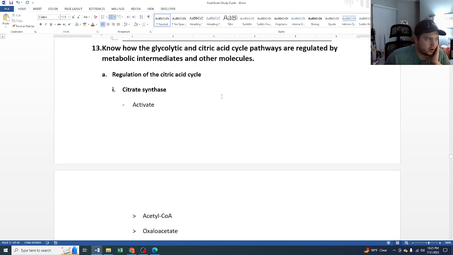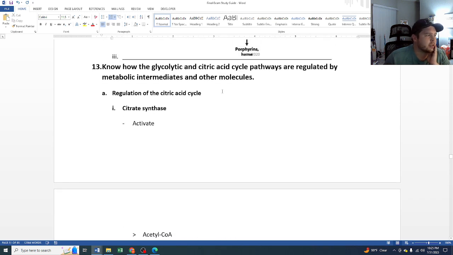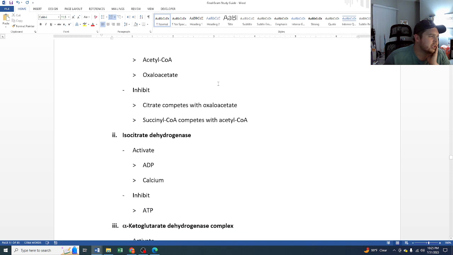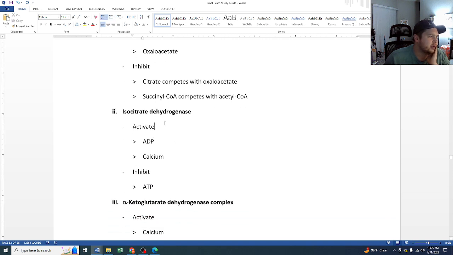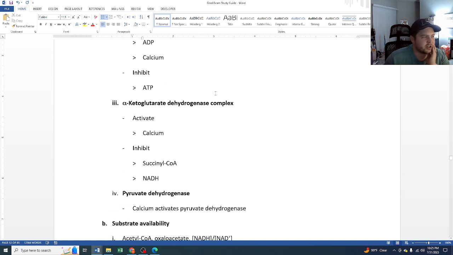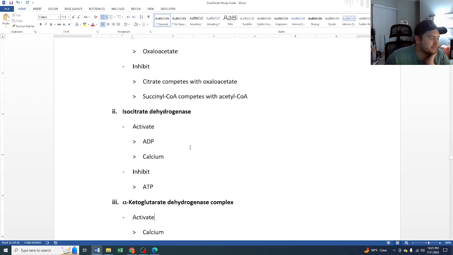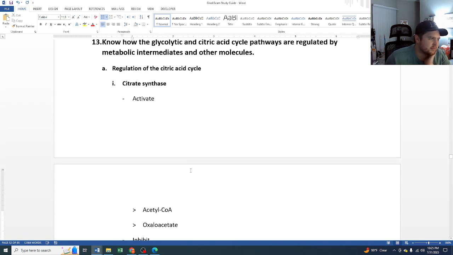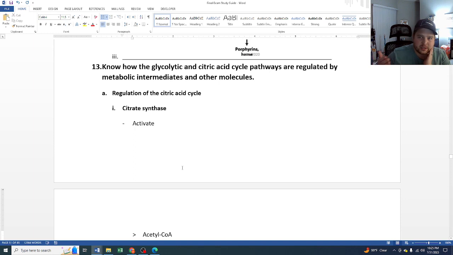Know how they are regulated. I have written here what causes everything to activate versus inhibit for each individual step. But in general, if there's a whole bunch of the next intermediate, it's going to be inhibited, and if there's a bunch of the intermediate before it, it's going to be activated.